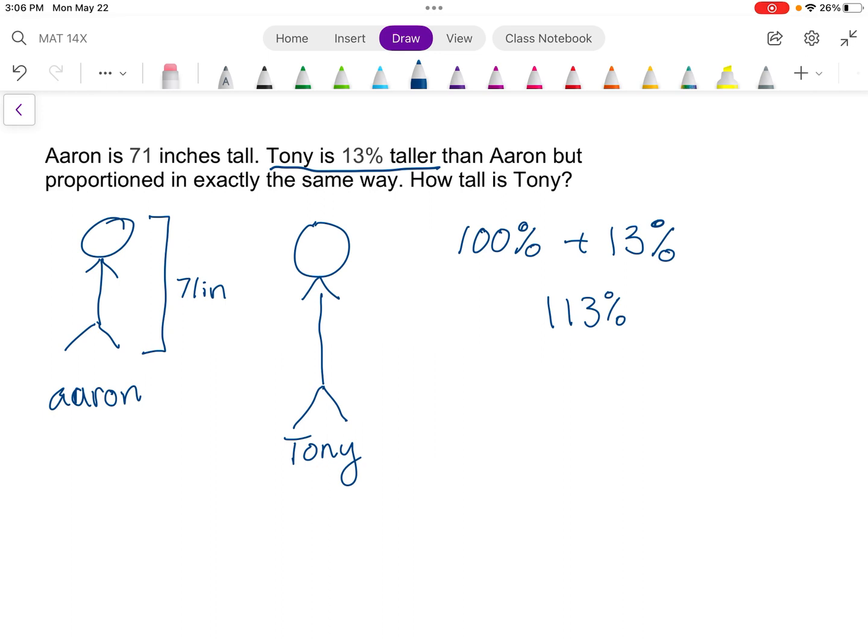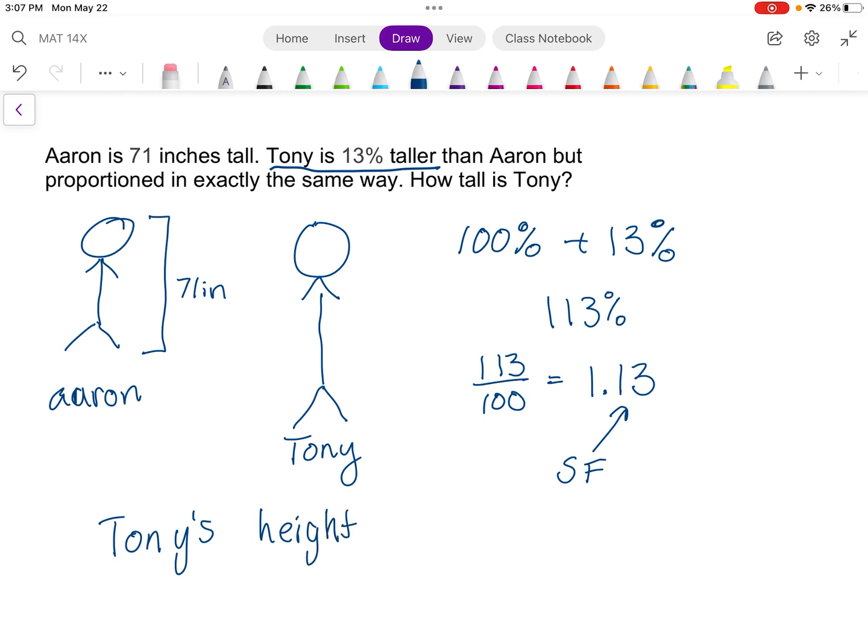All percents are out of 100, so the decimal for 113% is 1.13. And that 1.13 is our scale factor. So I could think of it as Tony's height is 1.13 times larger than Aaron's height.